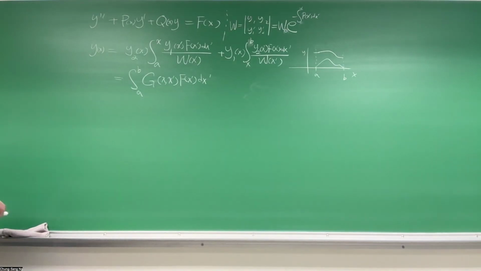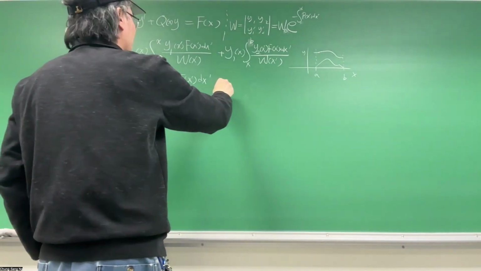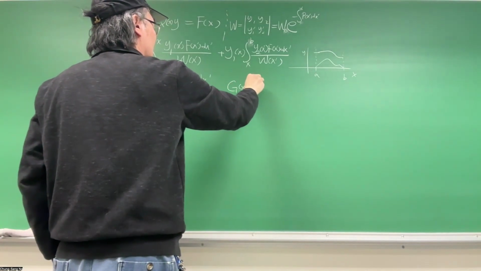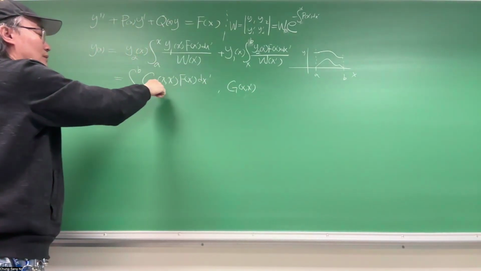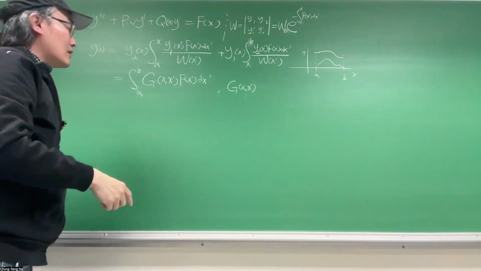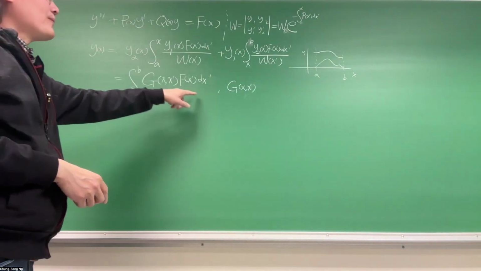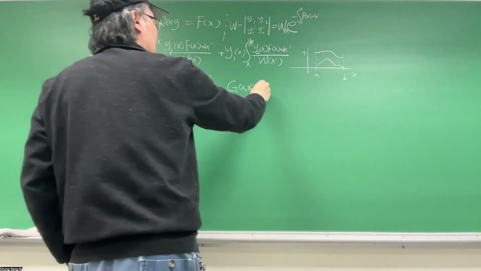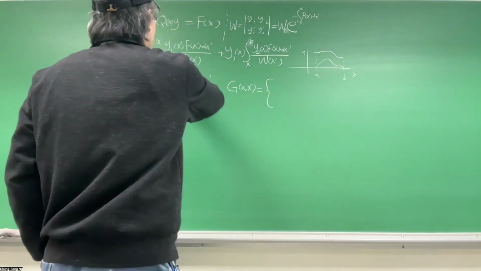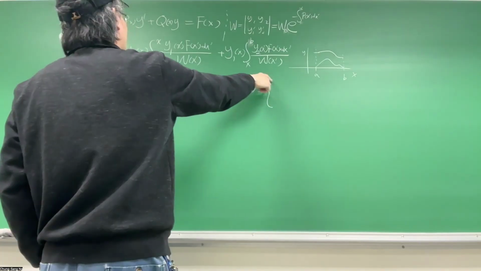Right? And by comparing these two, you obviously see your choice of the Green function is like that. The Green function depends on two variables. One is x, the other is x prime. x is the variable in which you express your solution. x prime is the integration variable. Okay, this Green function in this case has two parts.